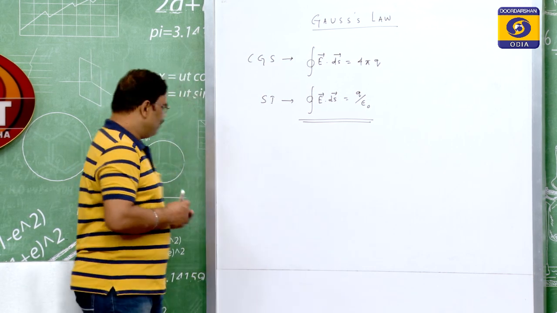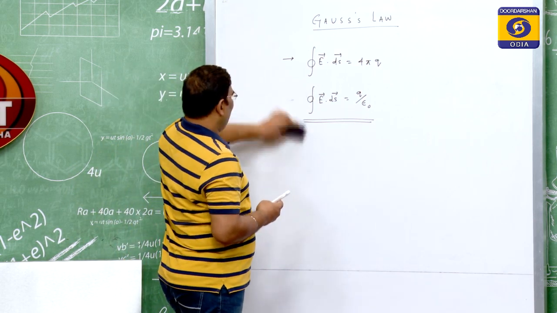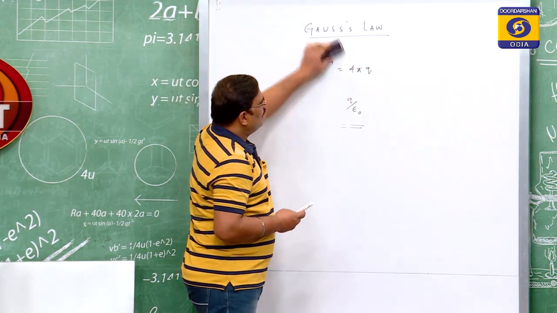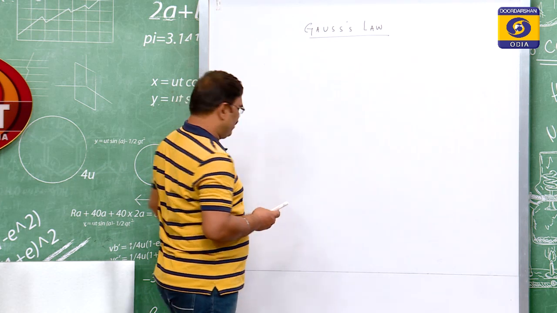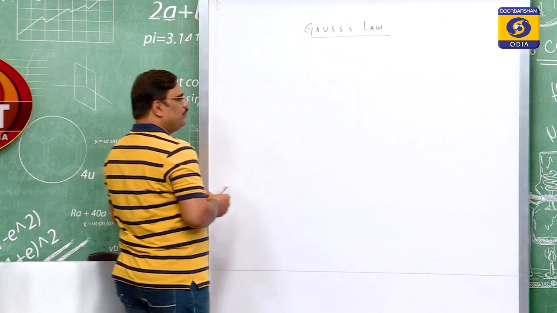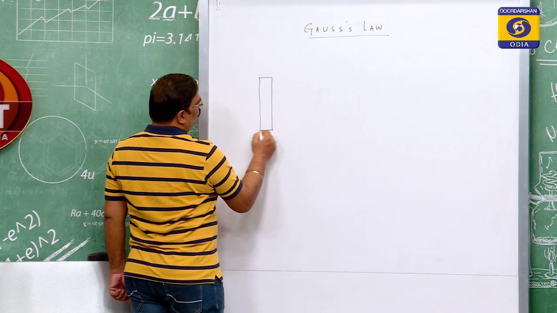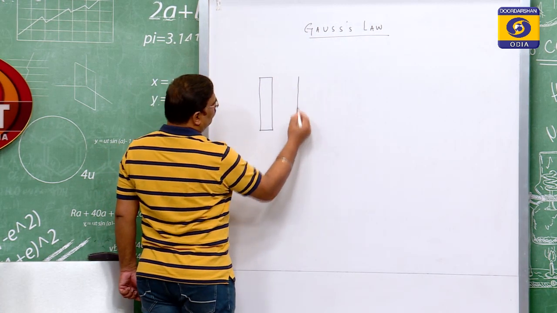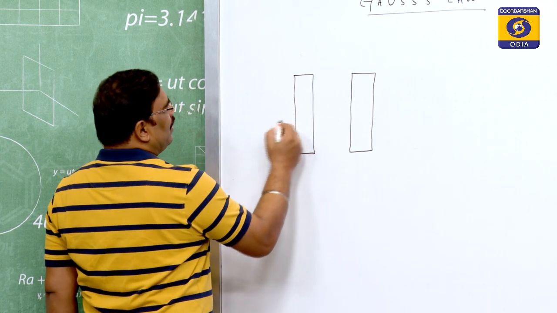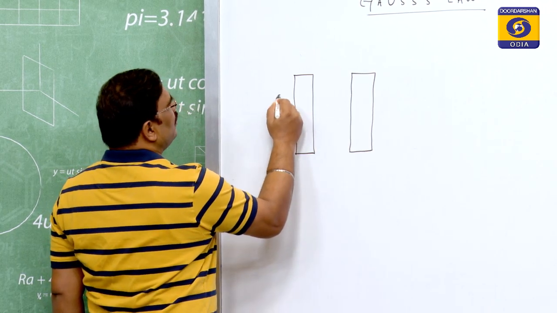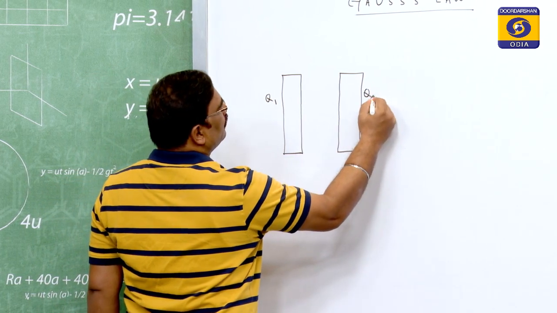Now, let us use the concept of the electric field inside a conductor being 0 to find the charges developed on different faces of a conductor. Suppose we have two conductors, one given a charge q1 and the other given a charge q2.